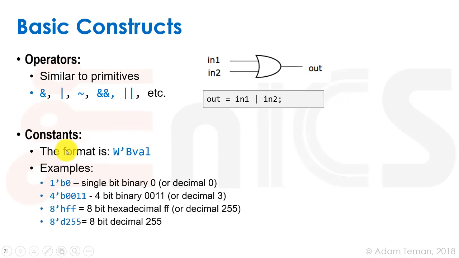Constants. So constants have a strange format in Verilog. It's width, then an apostrophe, and then the type of encoding, and then the value. So for example, to say 0, just a bit of 0, we do 1 because it's a 1-bit number. This apostrophe B means we're going to be binary, and then 0.